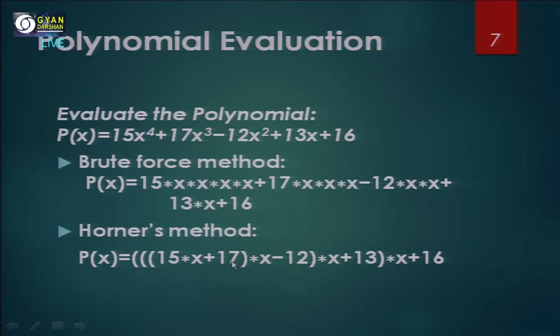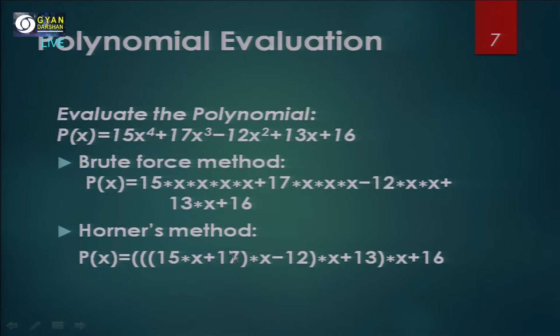Now this seems to be a very interesting combination, because what is now being done is that we are evaluating 15x plus 17, just 15x plus 17 in the first evaluation. Then we multiply the result, 15x plus 17, with x, and then we move to minus 12, this particular constant.